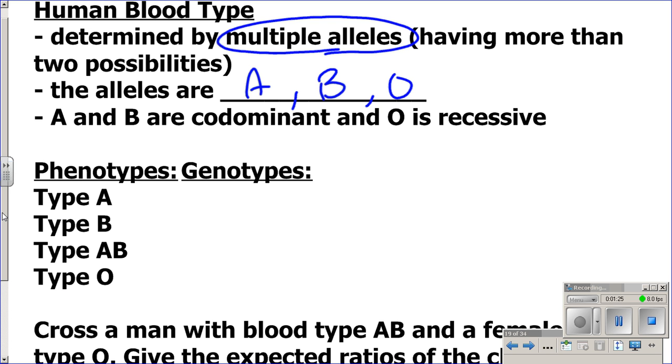So instead of writing A, we always write it as I, capital A. The I is just something you'll see in your book too, so I want to get you familiar with it from the beginning. The B allele is IB, and the O allele is recessive. So what do you think it should look like? A little lowercase something, right? It's a lowercase i. So the O is the lowercase i.